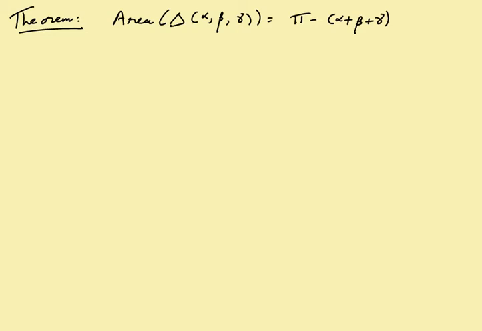Well, a formula existing is not very remarkable. What is remarkable is that for all triangles, the area is less than or equal to pi.